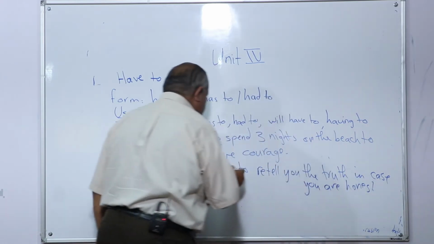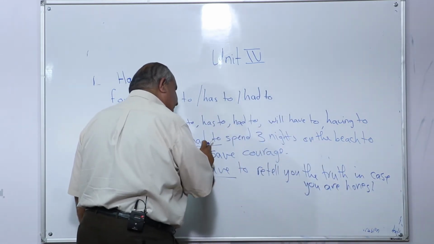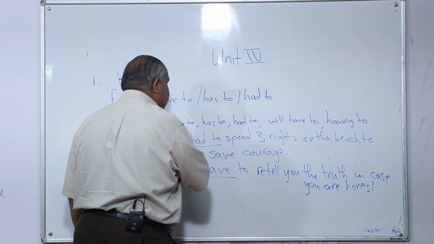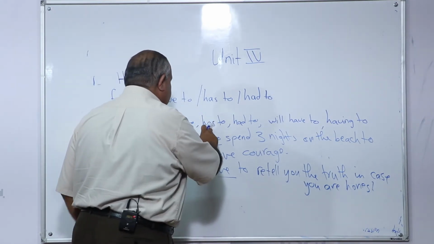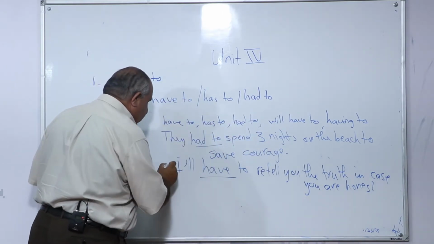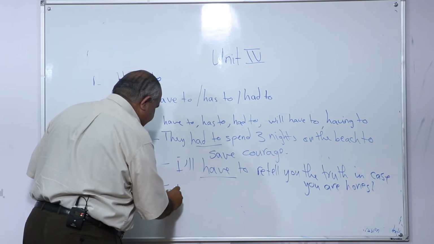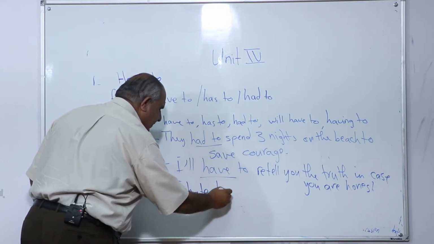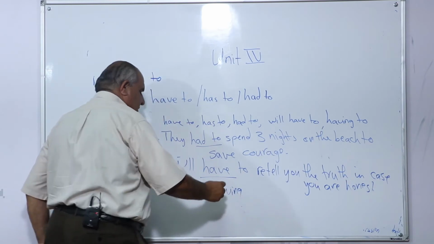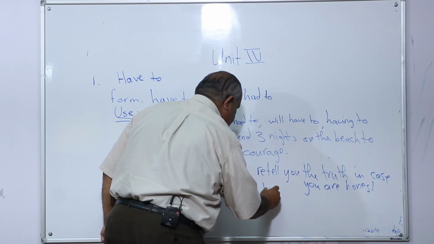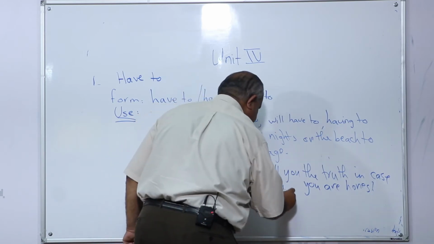So we can make it in the past, we can make it in the future, we can use it in the present simple tense with the third person, he and she. And we can talk also about having to. We say, for example, I hate having to be a liar.